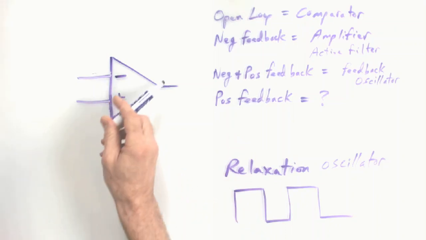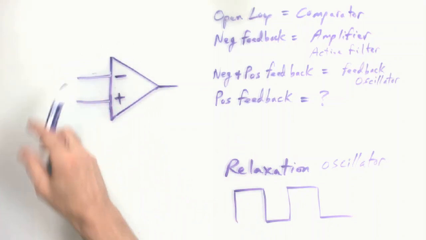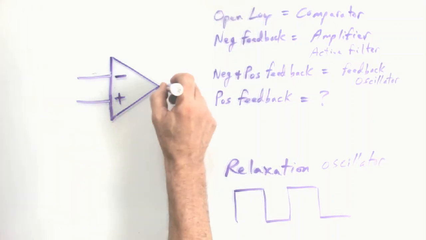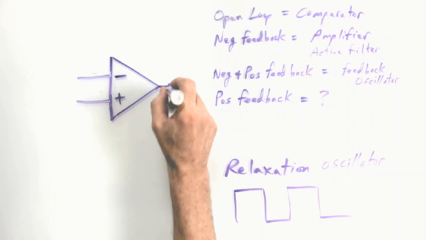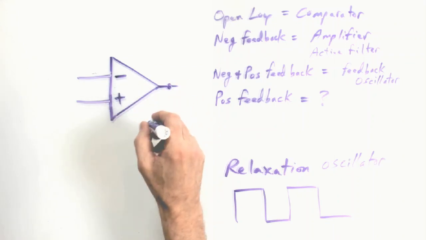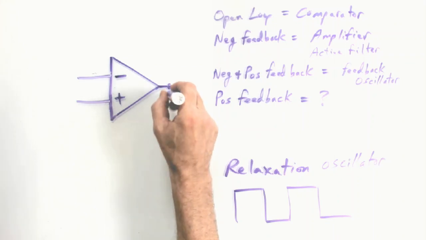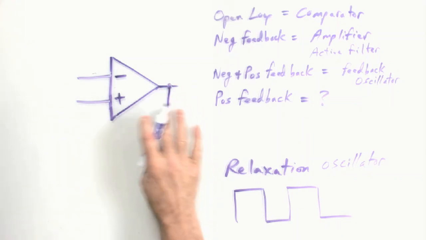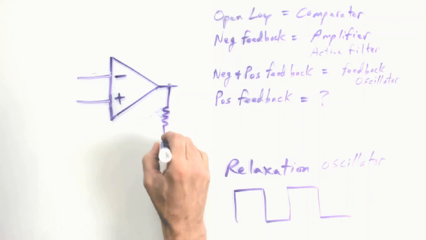So here we are with the last scenario. What if you just give it positive feedback? And that means you're not really using anything to control the gain. So you still have that really high gain. Basically, you're still using it as a comparator, but you're going to bring some amount back. And we can do it however you want, just the voltage divider thing, right?